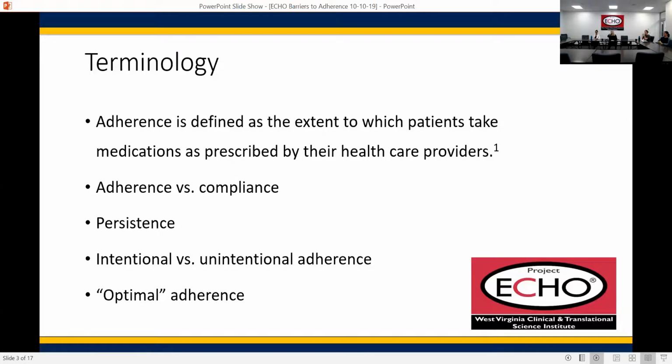And there's a lot of debate in the literature about what is optimal adherence. You might see varying optimal adherence when reading trials on what they were shooting for with their patients. Obviously in something like treatment of hepatitis C, adherence is really important. A lot of times you'll see optimal adherence quoted at 80% for chronic therapies, things like hypertension, COPD.